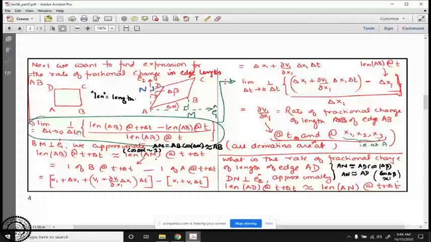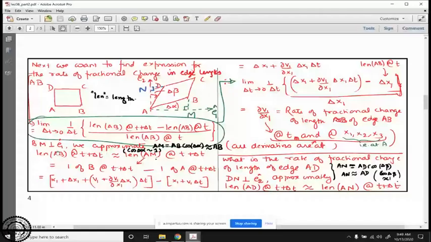To find these expressions, the length of AB at t is known. It should be delta x1. So the quantity in the numerator, the second one, and the quantity in the denominator, we already know: delta x1. What is really required right now is the length of AB at t plus delta t. How do I find it?